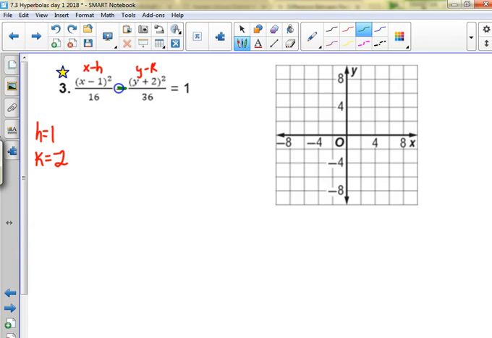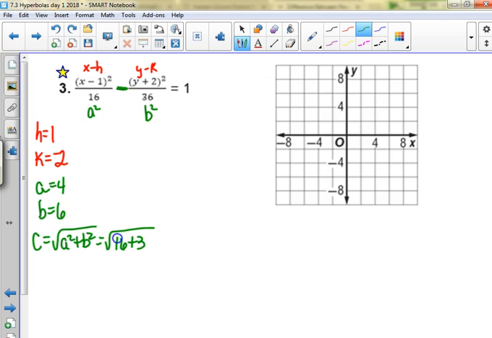Now, how do I determine a and b? There's a minus in here, so the one under that's not following the negative, okay, this is the a squared, so a is going to be 4, and b is going to be 6. This is b squared. While we're at it, shall we do c? C is the square root of a squared plus b squared, which is 16 plus 36, which is 52.